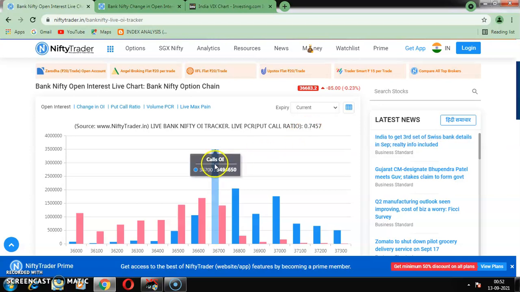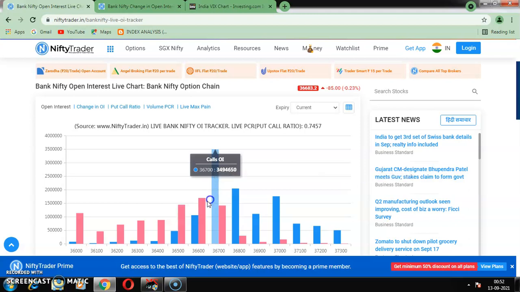These are the call writers. There is a huge position built at 36,700, with open interest of around 34 lakhs. At 36,650 as well, a lot of position has been built in this zone.